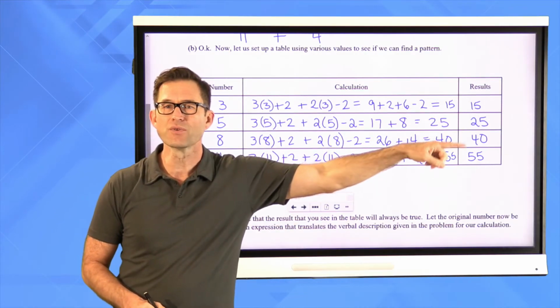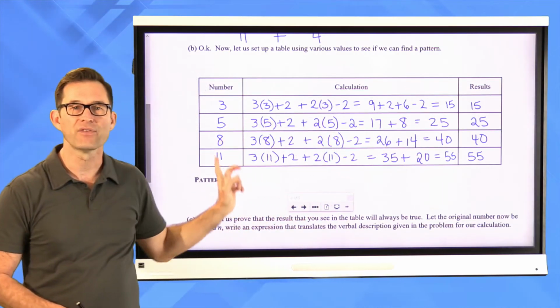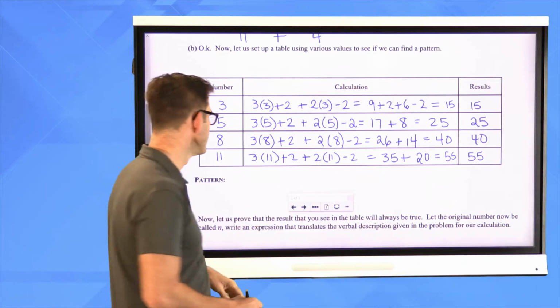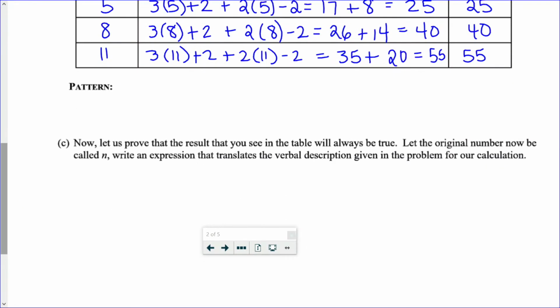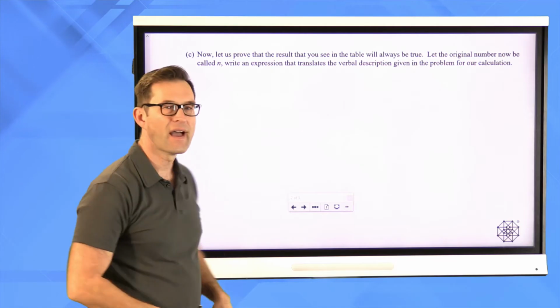Each one of these results is 5 times the original number, right? So the pattern was 5 times n, or 5 times the original.